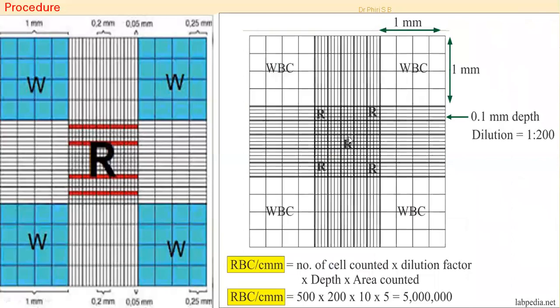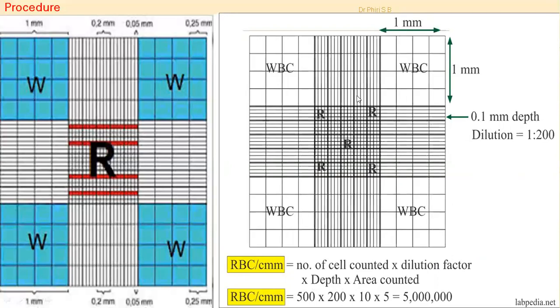So you can see here, these are your calculations. So your red cell count will be the number of cells counted multiplied by the dilution factor, multiplied by the depth, multiplied by the area counted. So your dilution factor is 200, and then you have your depth here. Then you multiply by the area that you've counted, 1, 2, 3, 4, 5.